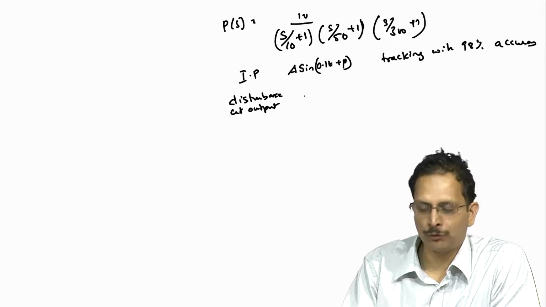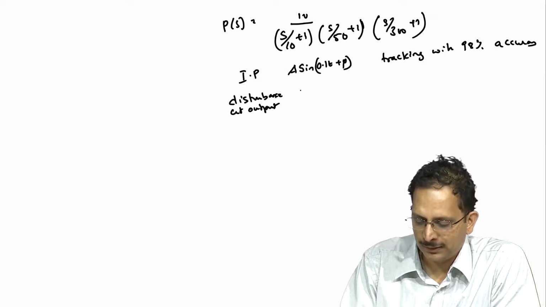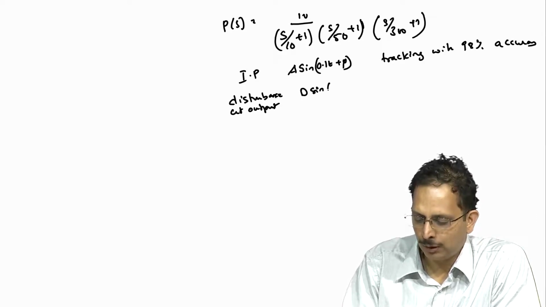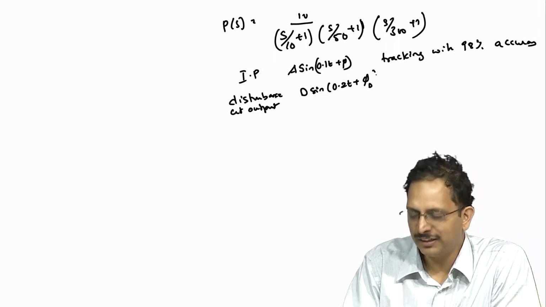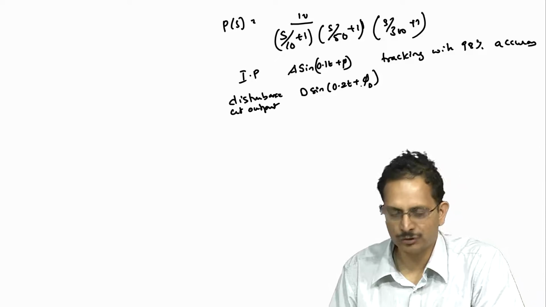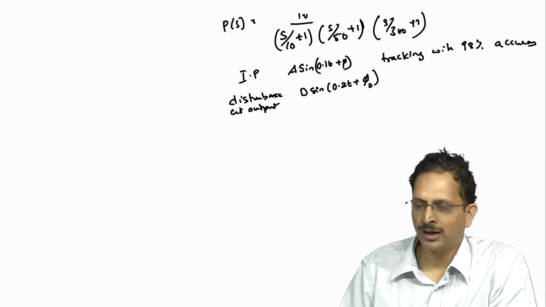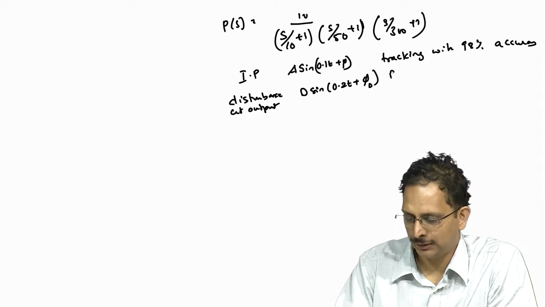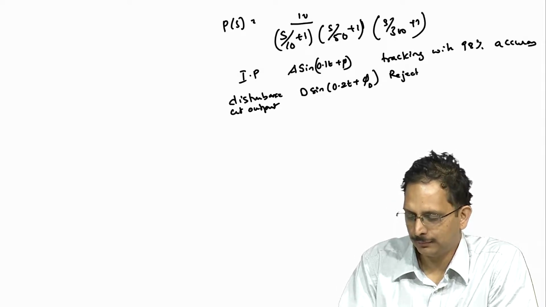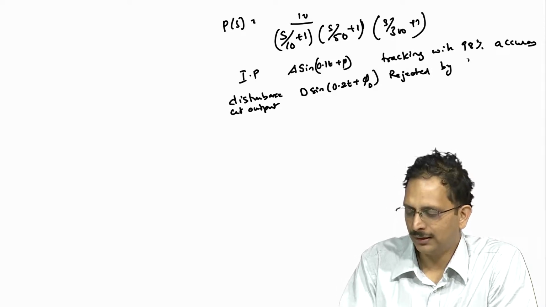So, the disturbance therefore would be of the kind d sin(0.2 t plus phi d), where phi d represents some phase associated with the disturbance signal, and we want this to be rejected by 98%.